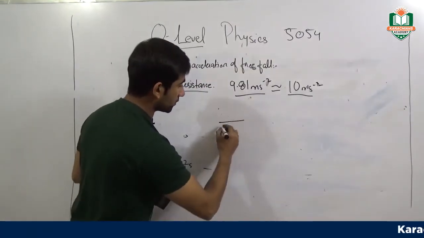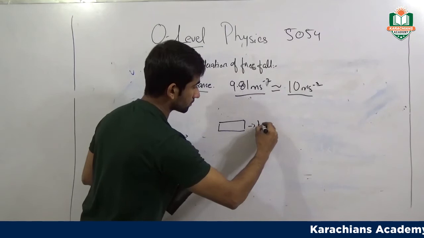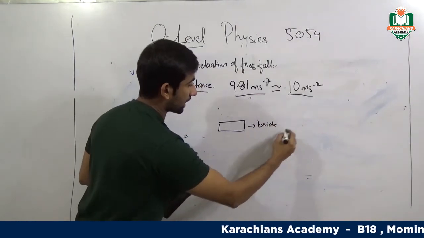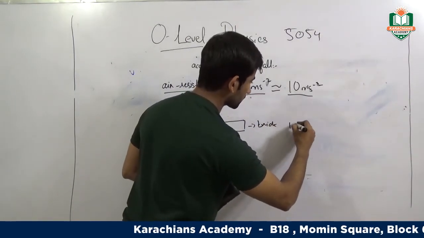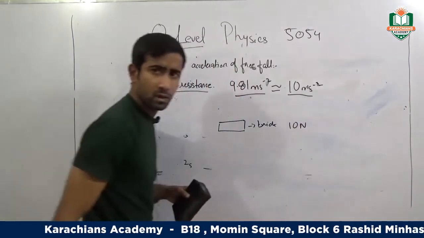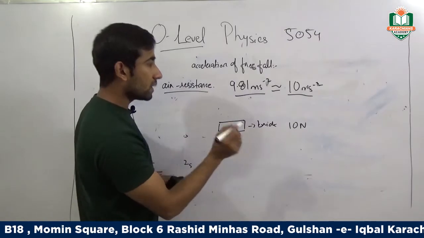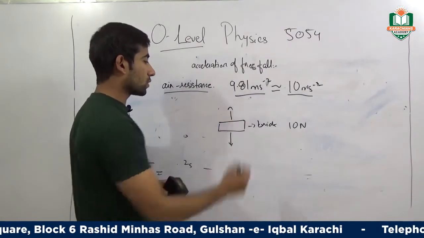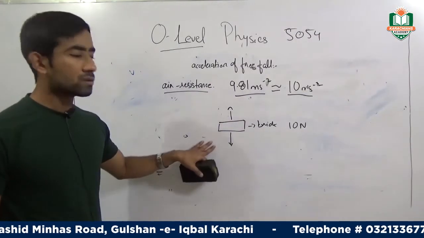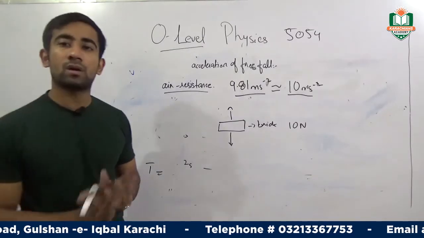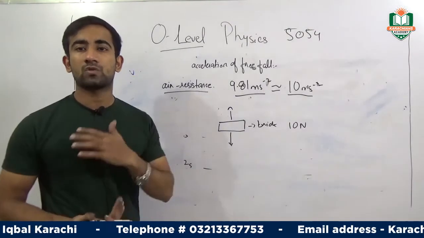if this is an object, let's say it is a brick and it has a weight of, let's say, 10 newtons, and it is falling in the gravity of Earth, there will be a resistance acting in the opposite direction on this brick, because according to Newton's third law, every action has an equal and opposite reaction.